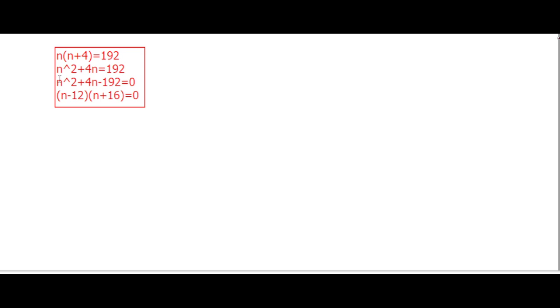After factorizing this, you get this. n minus 12 plus 16, positive 4, and we have minus 12 times 16, minus 192. So let's use the product rule here: n minus 12 is equal to 0, and n plus 16 is equal to 0. So we get n is equal to 12, and n is equal to minus 16.